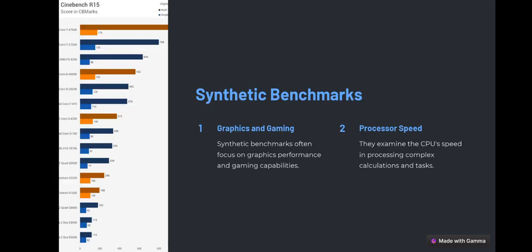When it comes to synthetic benchmarks, we have graphics and gaming, and processor speed. We commonly compare GPU speeds and CPU speeds. If you are getting a good benchmark on the CPU, you can perform your daily activities without any problems. But having a good GPU is also important.